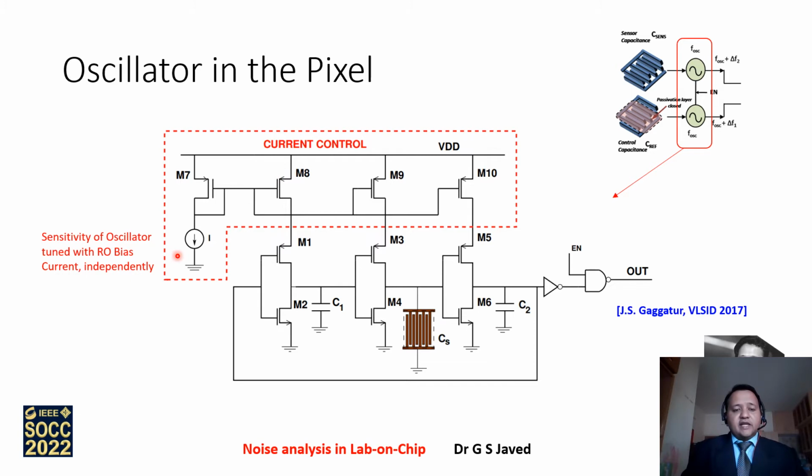This bias can be controlled either on chip or externally; both tunabilities are given. Increasing the current increases the frequency, and that increases the sensitivity to the capacitance that is present. So you have a correlation of I versus F versus 1 over C, which brings the correlation in the system. So this is the architecture of the oscillator in the pixel that we have used.